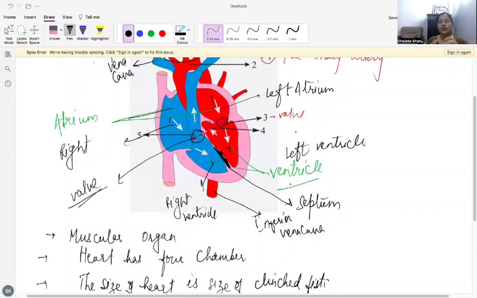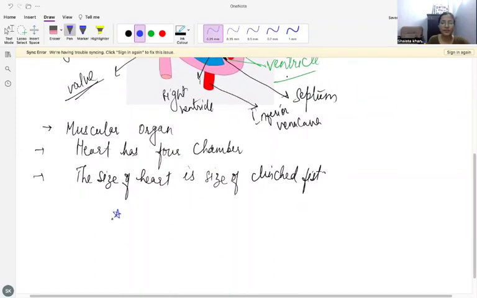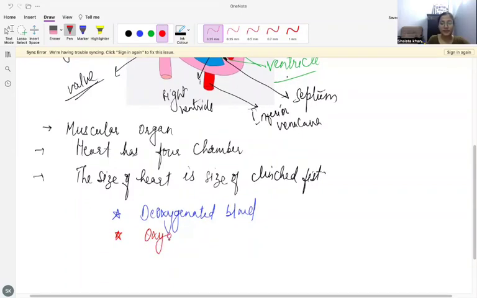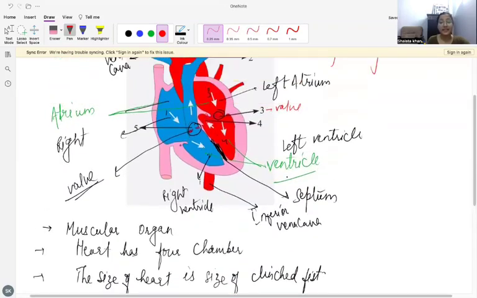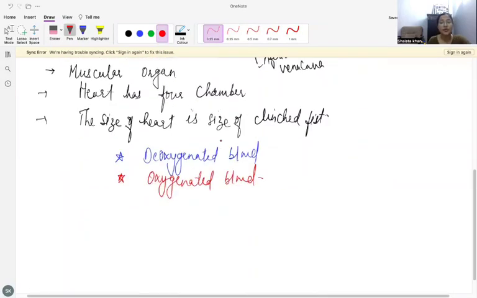This is just shown in the picture so that we don't get confused. The blue part denotes deoxygenated blood, and the red part shows oxygenated blood. It means the right side of the heart is carrying deoxygenated blood, and the left side is carrying oxygenated blood.